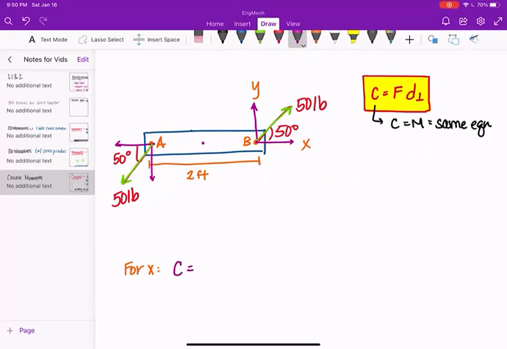So we have the couple equals the magnitude of that force in the X direction. So we know it's going to be some scaled version of 50. Which trig function do we use? Well, since we're looking at the X direction, which is the direction touching that little arc, we use the cosine of the angle labeled.